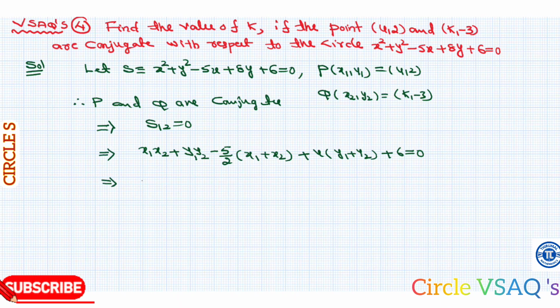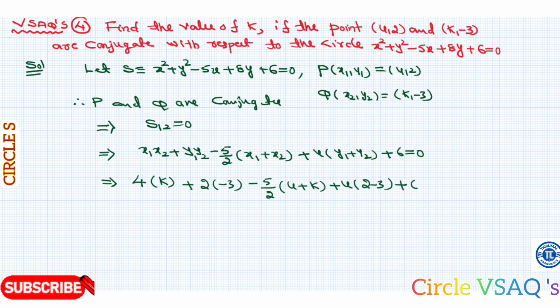Here x1 value 4 into x2 is k, plus 2 into -3, minus 5/2 of (4 + k), plus 4 into (2 - 3), plus 6 equal to 0. Next step, 4 into k is 4k, here 2 into -3 is -6.